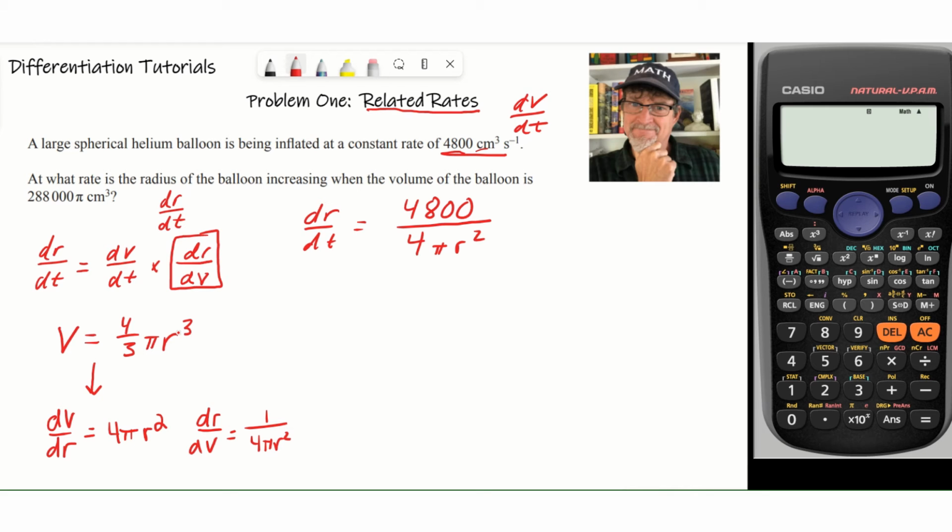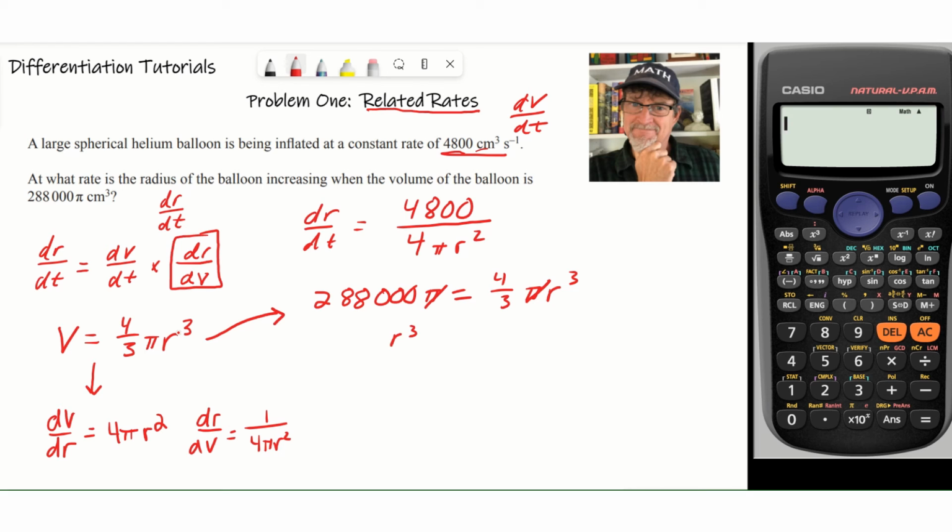So I'm almost there. I just need the radius at this instant when I know the volume. So here I've got to use this formula again, right? So I've got 288,000 pi. That's my volume at this instant. And that's just 4/3 pi times the radius at that instant cubed. So I can go ahead and solve this. I've got some pi's canceling.